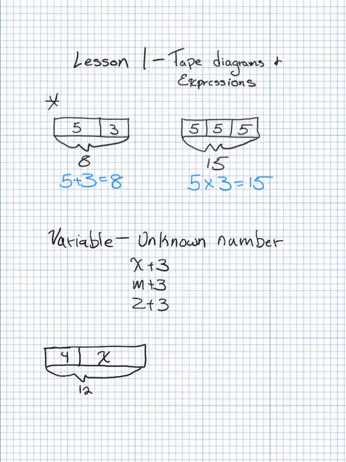And I'll do another one where I'm going to have x and x and x and x. So I'm going to have a number and a number and a number and a number. And when I look at what the total of that number is, I will get 12 as well.